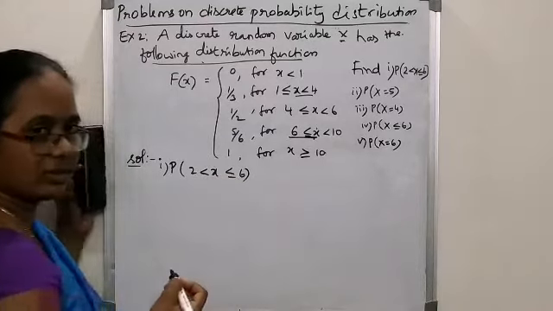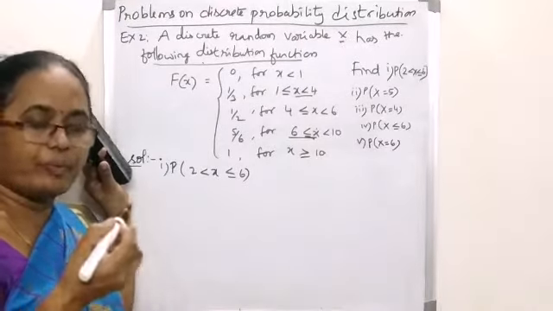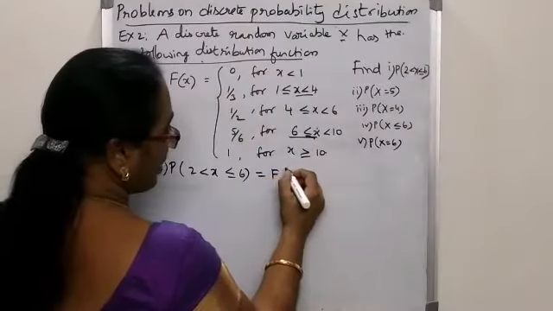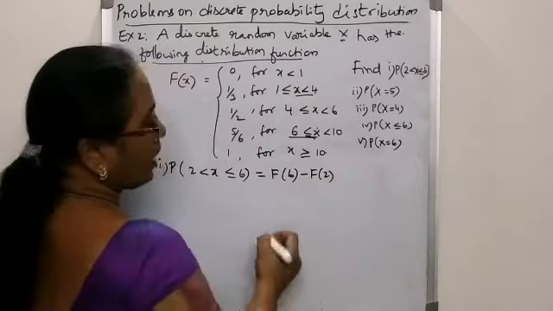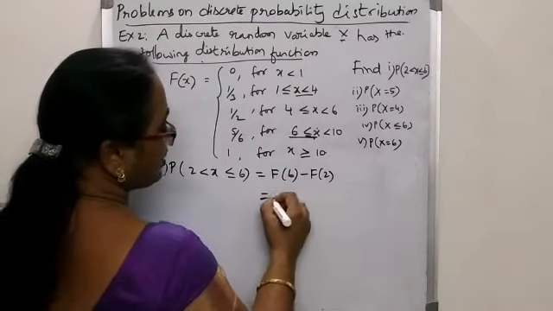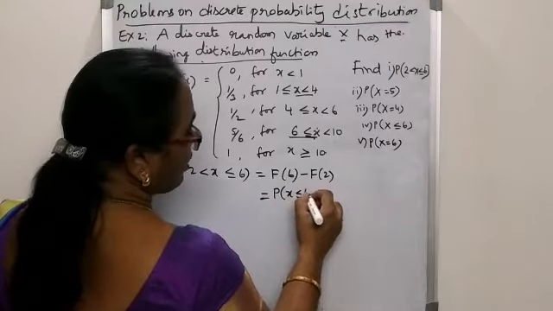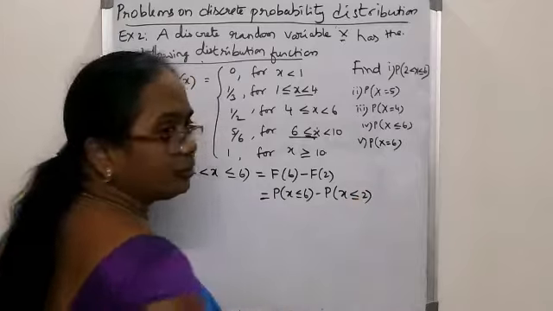To have the probability that the random variable is such that 2 is less than x less than or equal to 6, as was discussed already from the properties of the probability function, this can be written as f of 6 minus f of 2. But f of 6 is P of x less than or equal to 6, minus P of x less than or equal to 2.